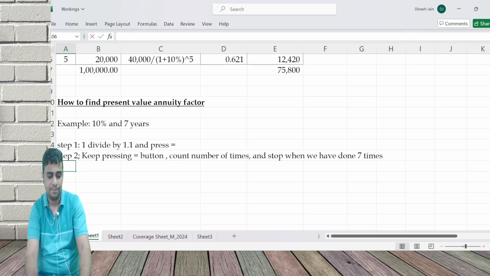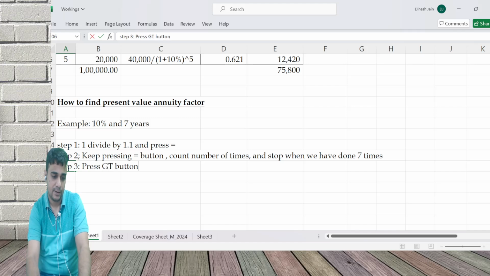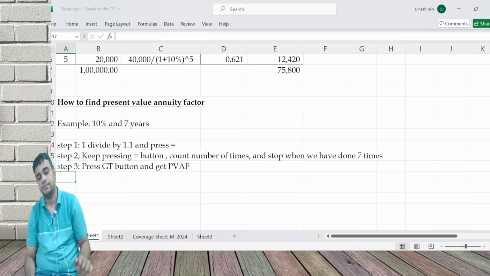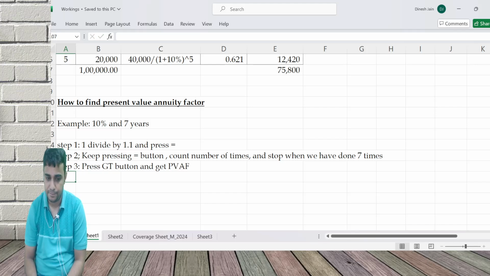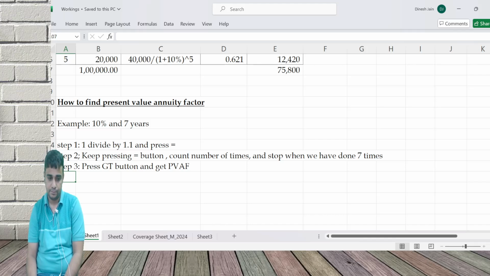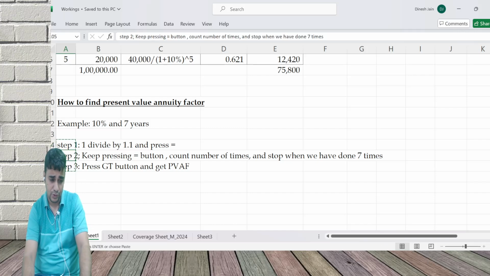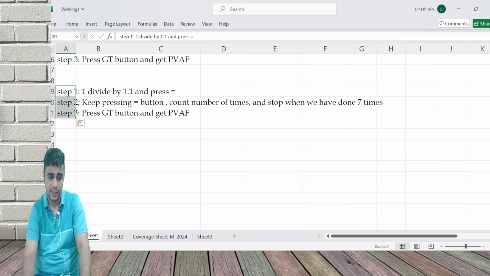Clear? Step 3. Press the GT button and get the PVAF, present value annuity factor. Press the grand total button and get the PVAF. In case you want to do it without GT, same thing, keep pressing equal and M plus. At every stage you'll have to do equal and M plus.